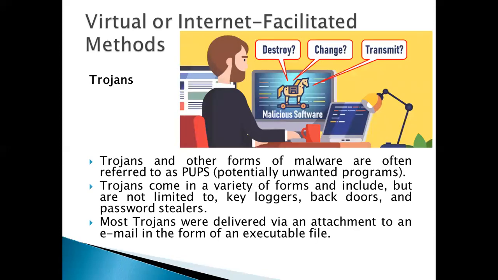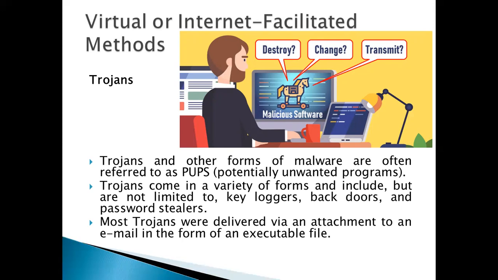Next is Trojans. So what are Trojans? As we already know, a Trojan is a type of malware. It is also known as PUPs. What are PUPs? Potentially unwanted programs.